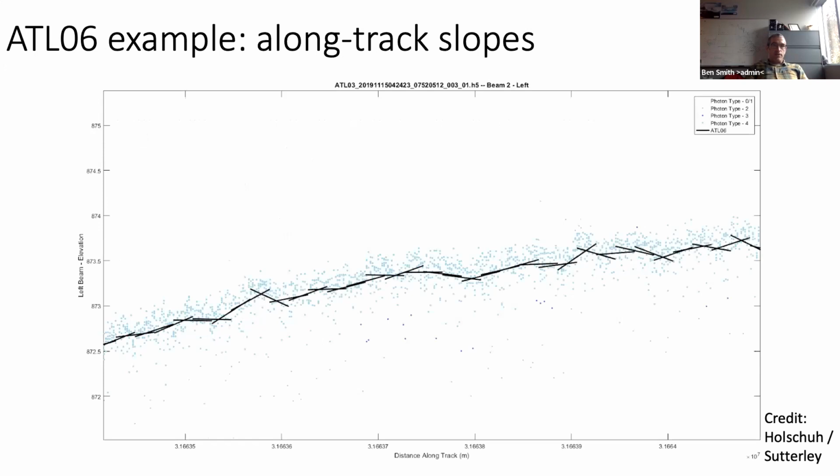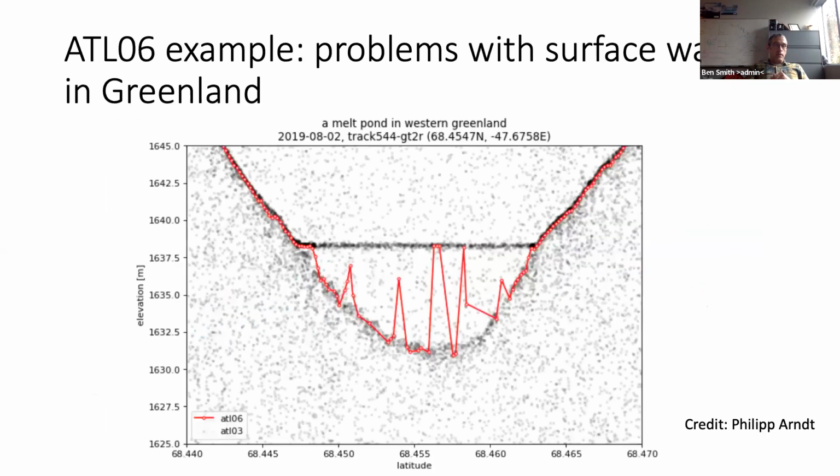An example of ATL06, just showing these segments fitting a pretty smooth flat surface. This is a huge amount of vertical exaggeration, so these things start looking like line segments rather than just a flat fit to the surface. Here's an example of ATL06 falling on its face because we've presented it with a supraglacial lake.